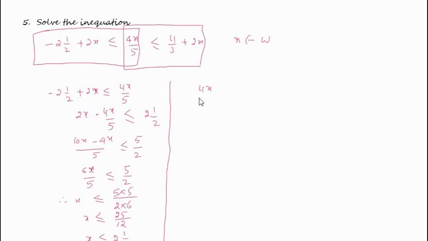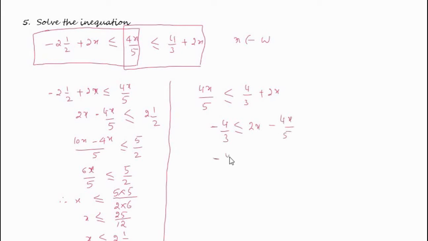4x divided by 5 less than or equal to 4 by 3 plus 2x. I will take 4x by 5 to the right side and bring 4 by 3 to the left side. So it becomes minus 4 by 3 less than or equal to 2x minus 4x divided by 5.